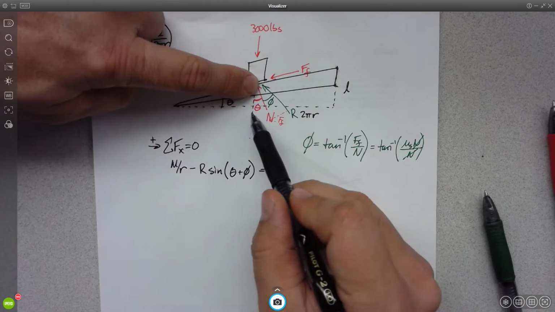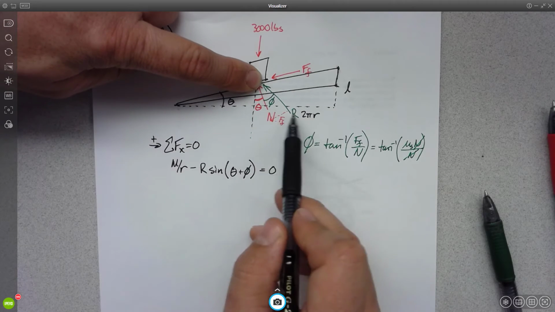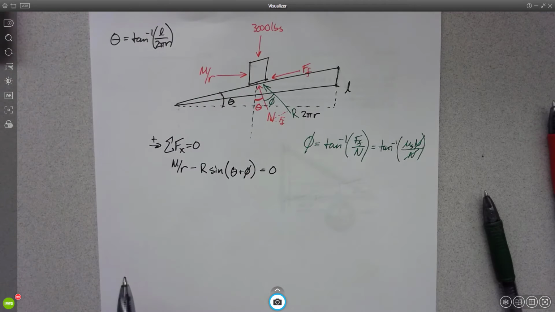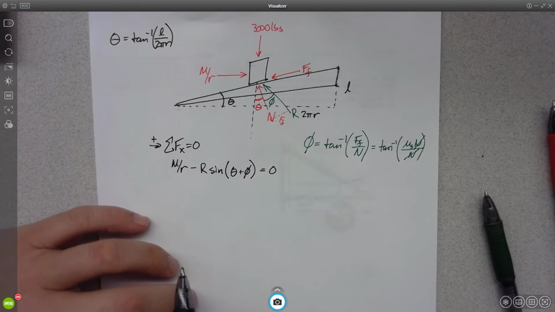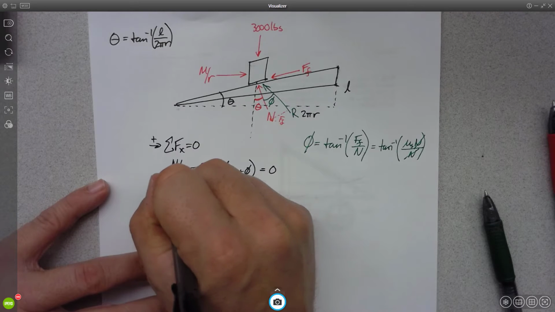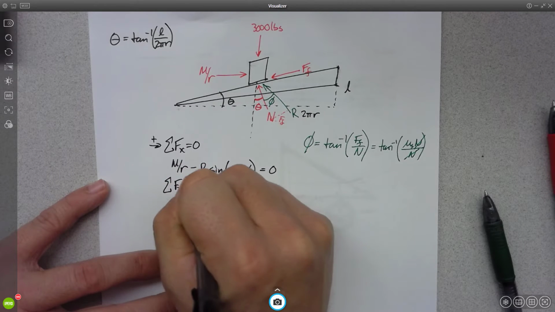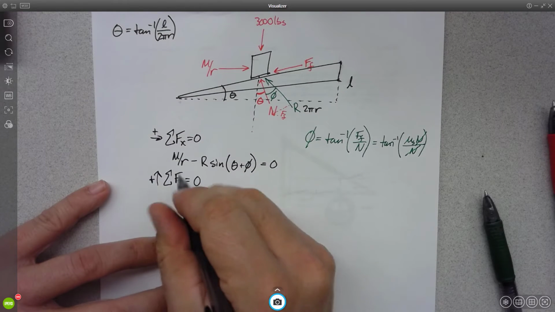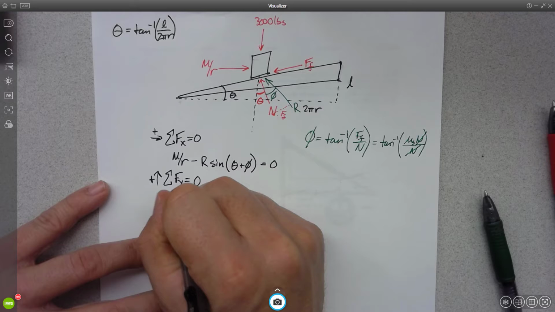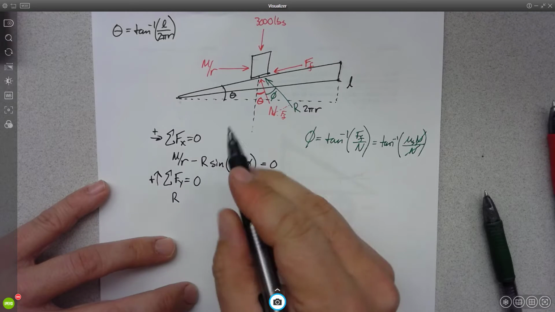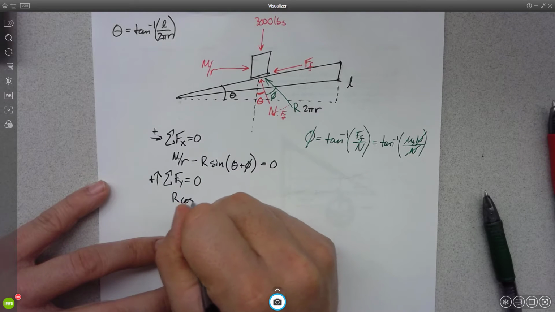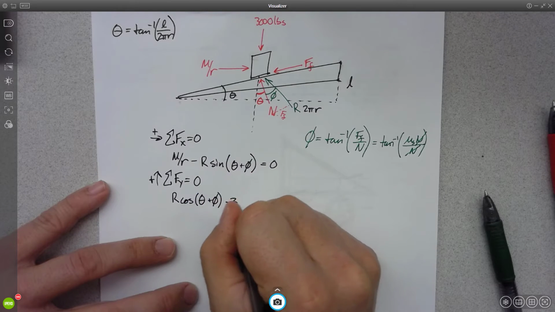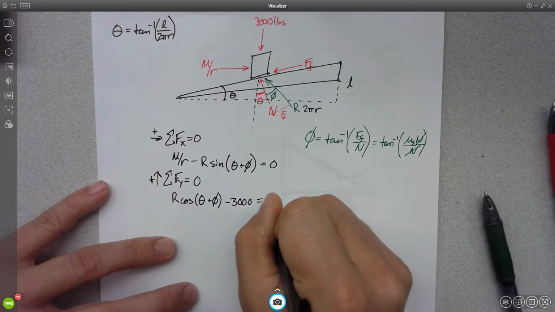Because if theta and phi are here, I'd take R, and I would want the opposite of that. So that's the sine. Is everyone okay with that? Now I can sum the forces in the y direction and set that equal to 0. Looks like I'll have R cosine theta plus phi minus 3,000 equals 0.